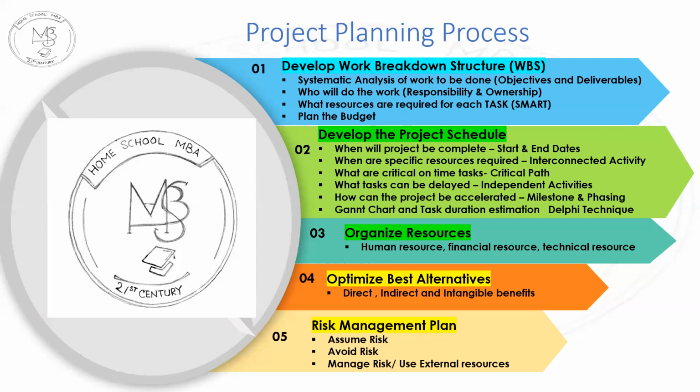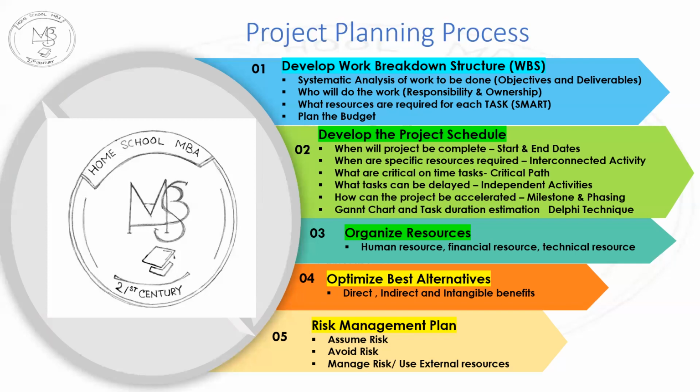Then you have to organize the financial resources. Again, financial resources are worked out and estimated through the Delphi technique or other techniques available, to determine how much finance is required. Again, you build in the buffer zones and make sure that a proper estimate is made. And technical resources are like, these days, computer software and automatic control systems and things like that.